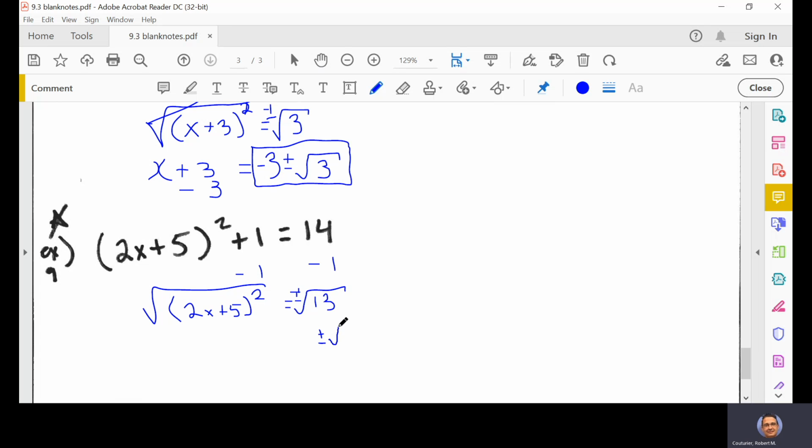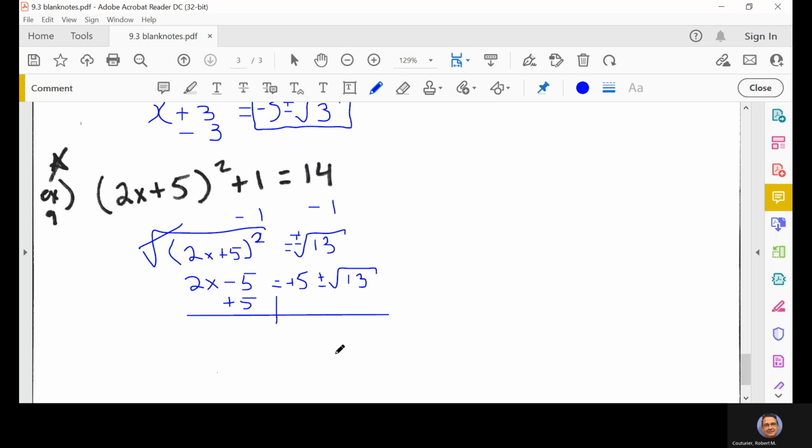This is going to stay looking like a radical all the way to the end. That canceled that and left us with 2x minus 5. So add 5 to both sides.